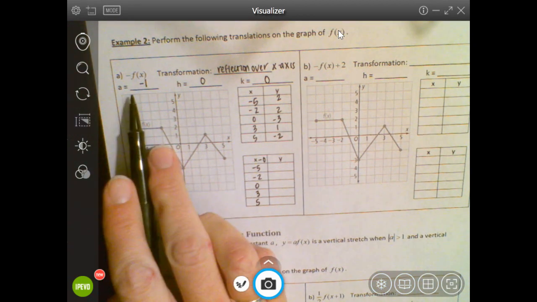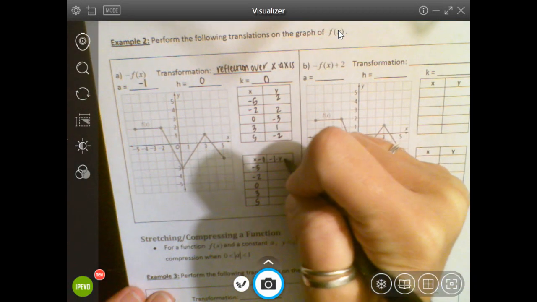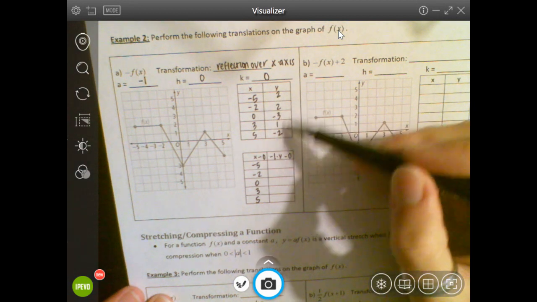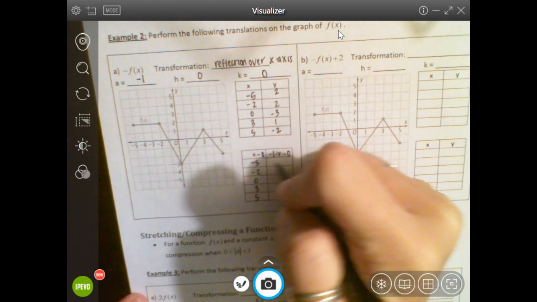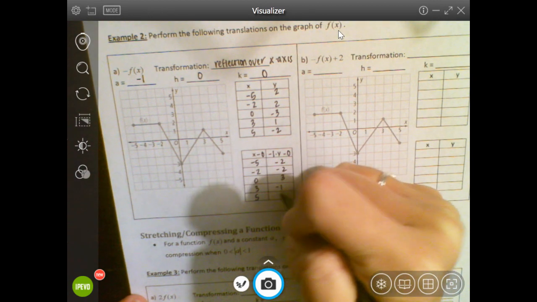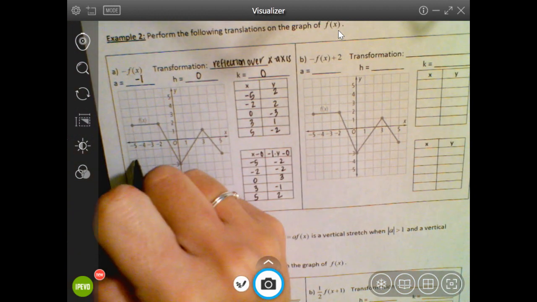And if we apply our A and our K, we should be multiplying by -1 and then either adding or subtracting the K value of 0. So the only thing that's going to be changing now is going to be our Y values. So when I multiply each one of them by -1, we get -2, -2, +3, -1, +2. So let's go ahead and graph these and see what this looks like.